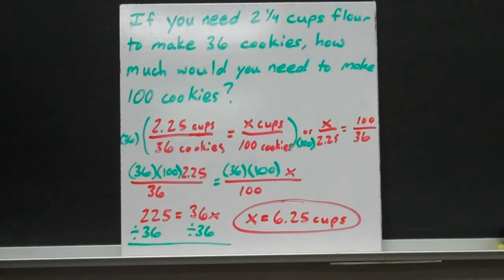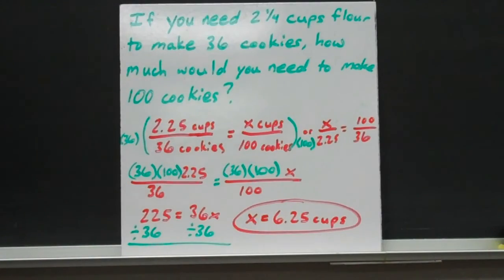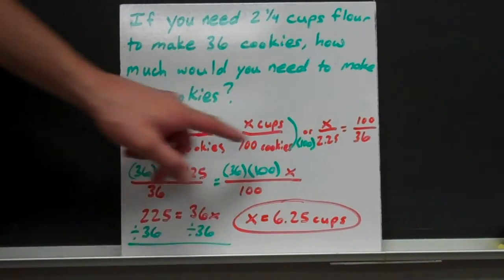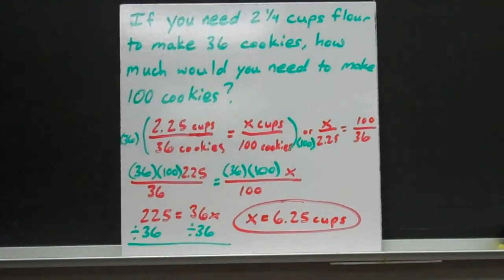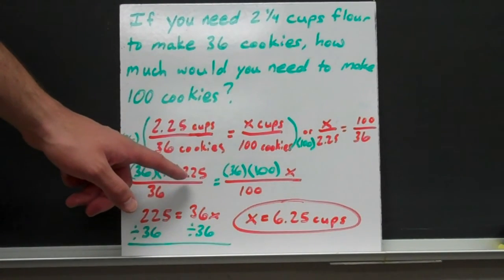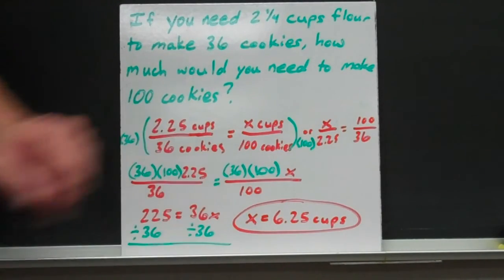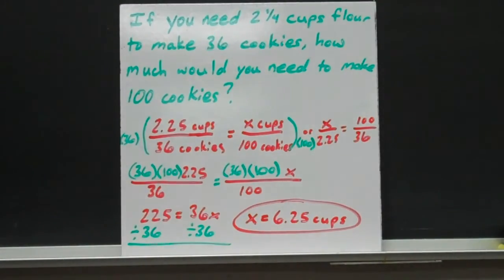Now, just like on the last problem, we're dividing by 36 here, we're dividing by 100 there. To undo division, we multiply by 36 and we multiply by 100. So on the left, we have 36 times 100 times 2.25, all over 36. On the right, we have 36 times 100 times x, all over 100.